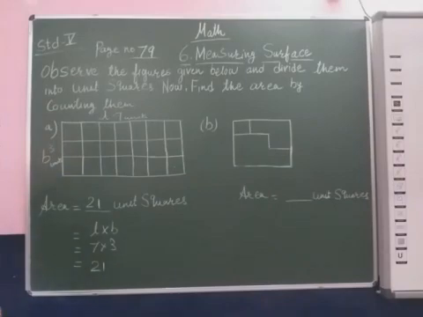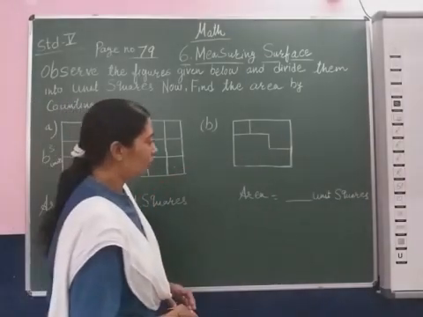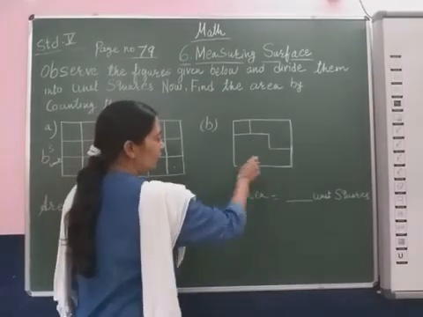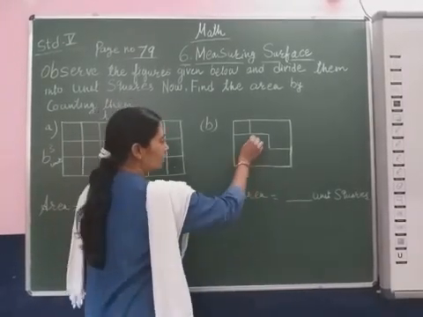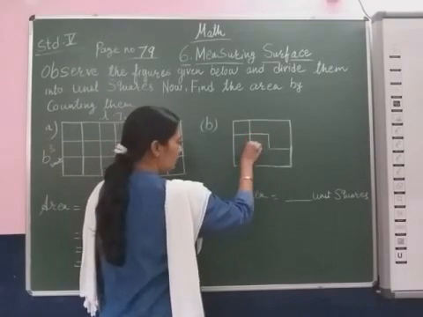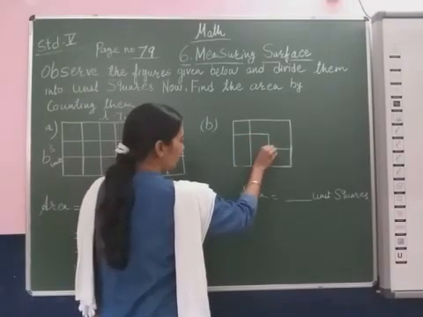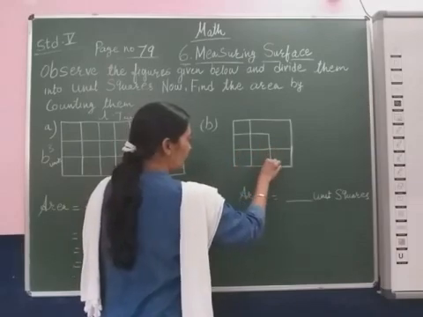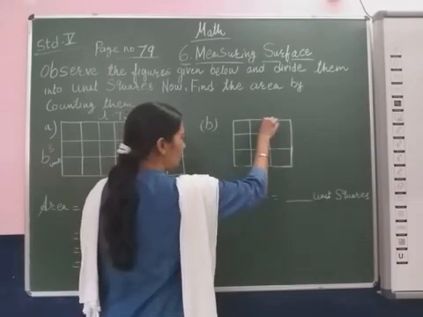Now let me find here the B. We have to divide this into unit squares. So already this figure is given. So let us do it this way. We stretch this line, and we stretch this line and we get the square units.